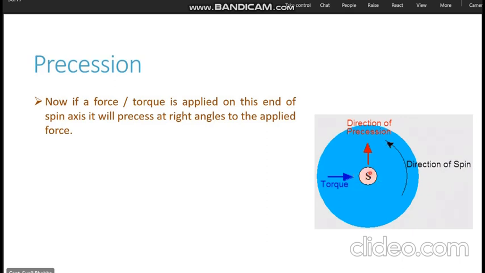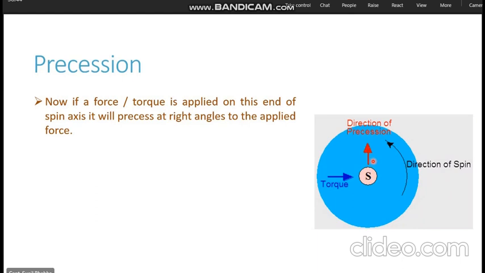So the spin axis is going to move in such a way as if the force has been turned by 90 degrees in the direction of spin. If you turn it by 90 degrees in the direction of spin, the force will be applied upwards. And this is how the spin axis, the south end of the spin axis, is going to move.